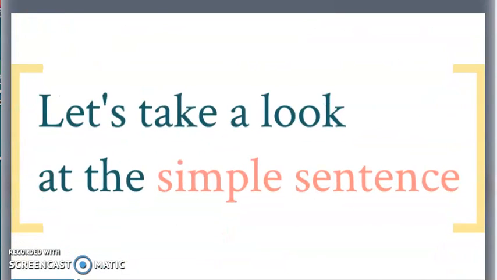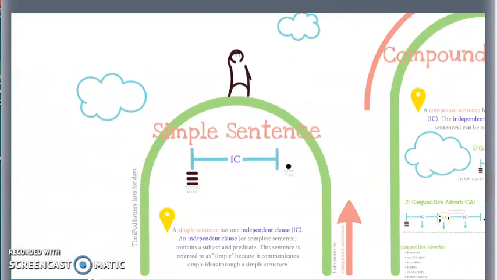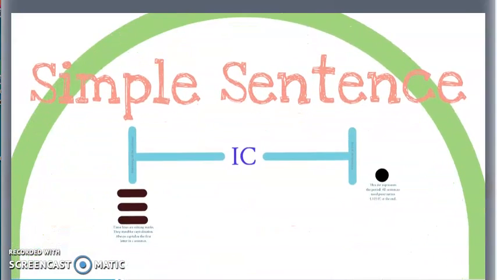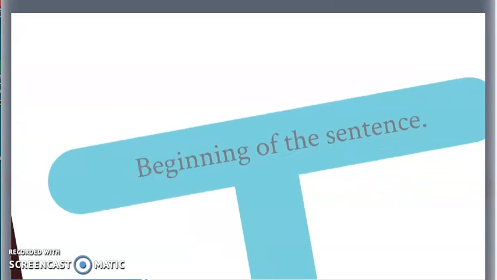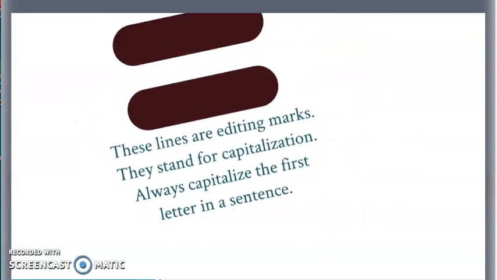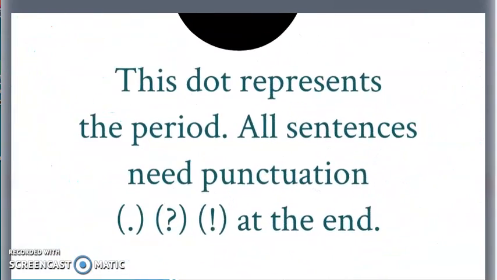Let's take a look at the simple sentence. In the beginning of the sentence, always capitalize the first letter. All sentences need punctuation marks like a period, question mark, or exclamation point at the end.